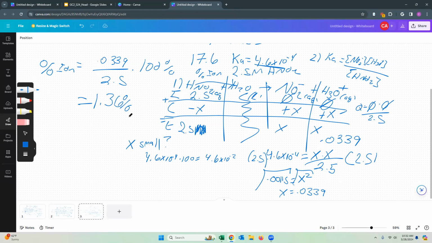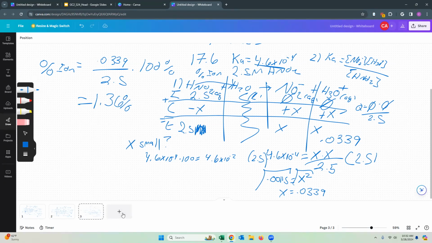Now, if you pull up the notes, you'll see there are extra practices for percent ionization. There's one that's called just extra practice, and then question 82. Try these out, right? See if you can get them. If you struggle, have a question, let me know. Otherwise, I'm going to pull up a new PowerPoint on my tablet that I have with me.